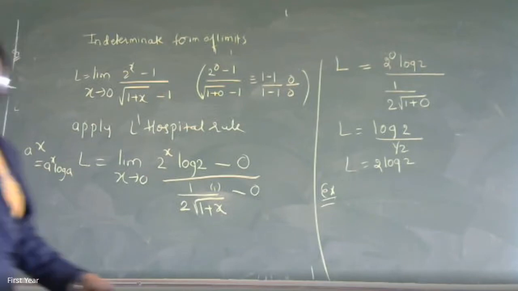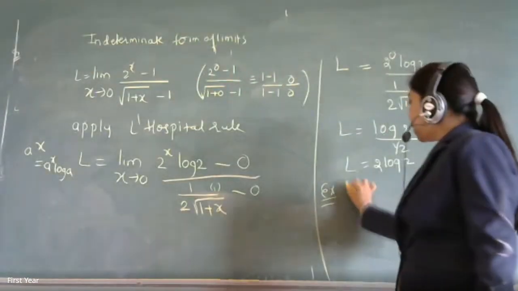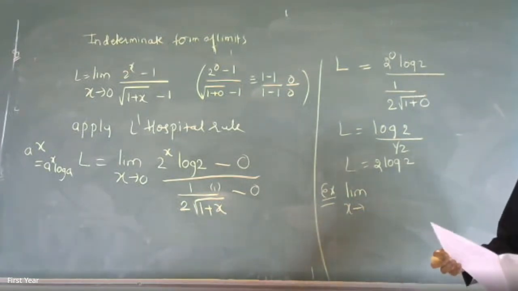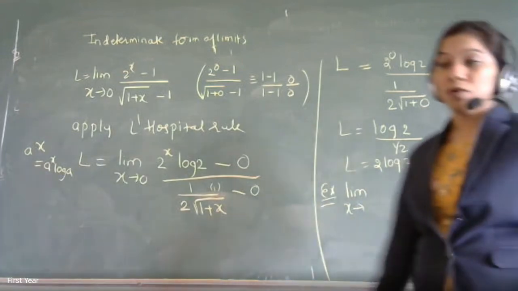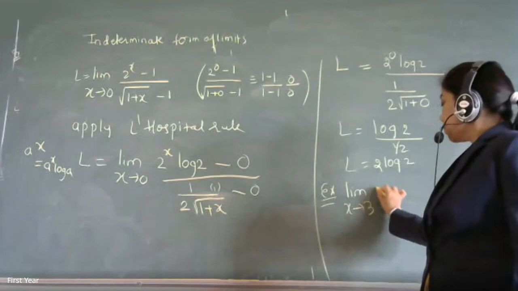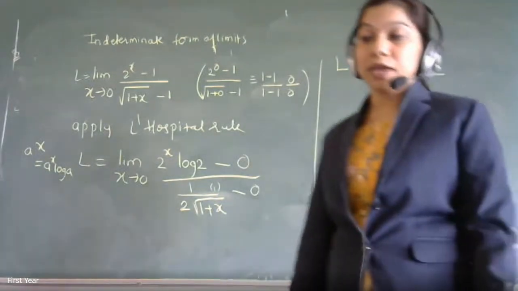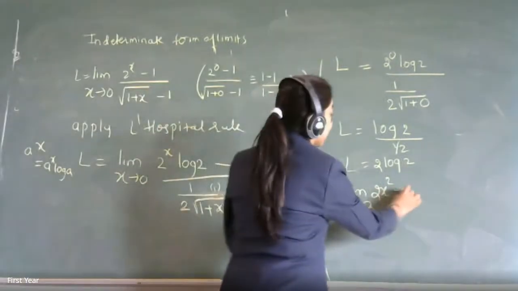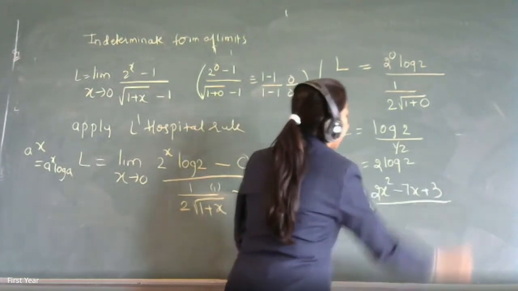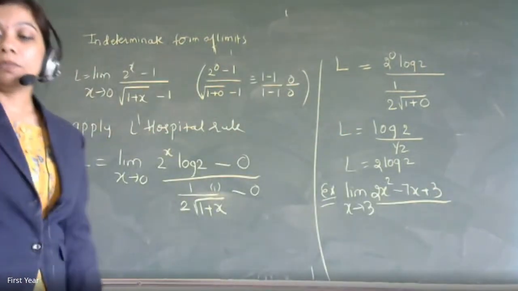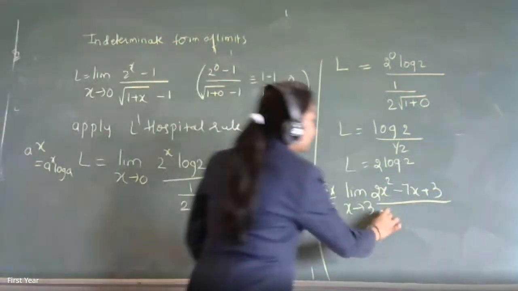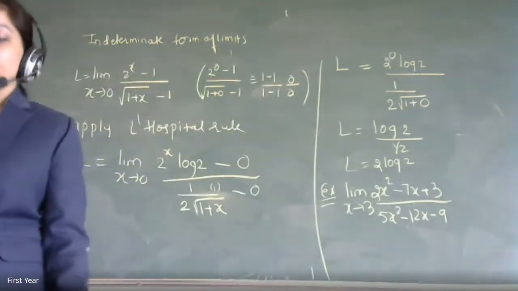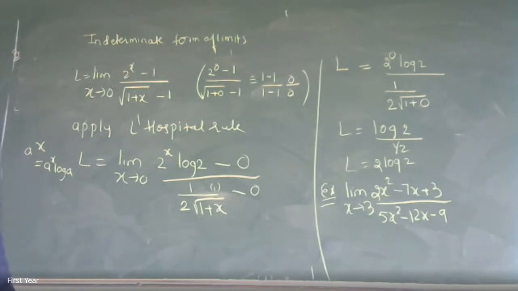I'll give you another easier one now. Evaluate the limit as x tends to 3 of 2x squared minus 7x plus 3 divided by 5x squared minus 12x minus 9.